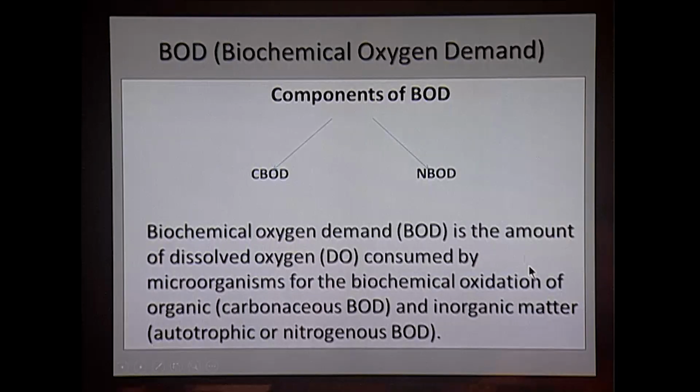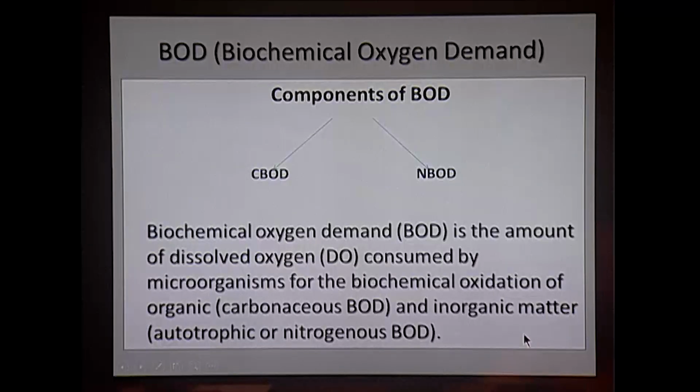Now coming on to the BOD, which is biochemical oxygen demand. Demand means a thing which is being needed by someone. Here the demand is put in by the microbes or the aquatic life forms present in the water body. They demand a certain amount of oxygen for their survival, and therefore we call it the biochemical oxygen demand, which is the amount of dissolved oxygen consumed by microorganisms for the biochemical oxidation of organic matter.